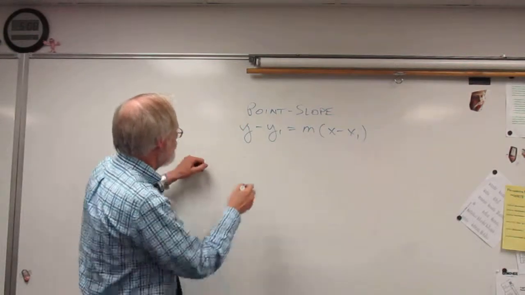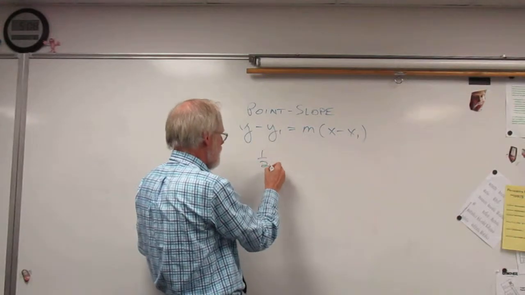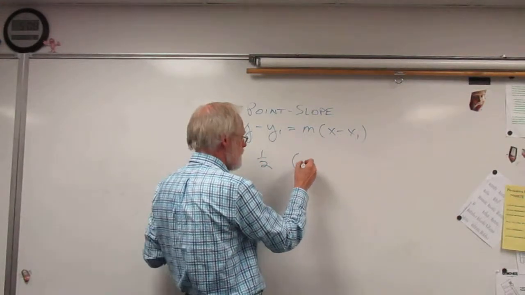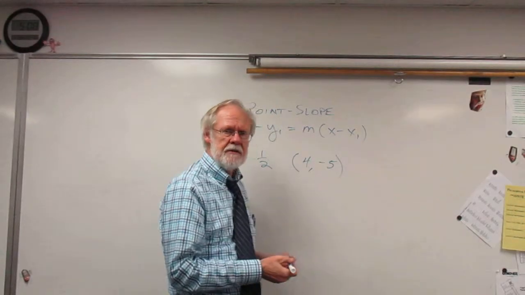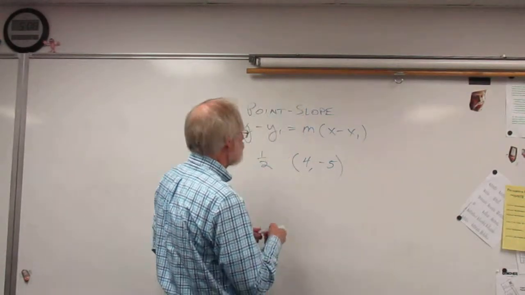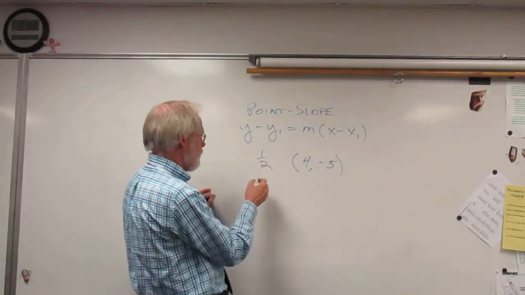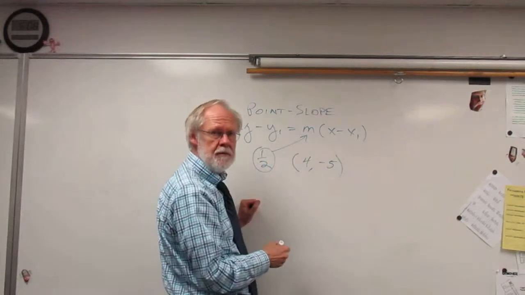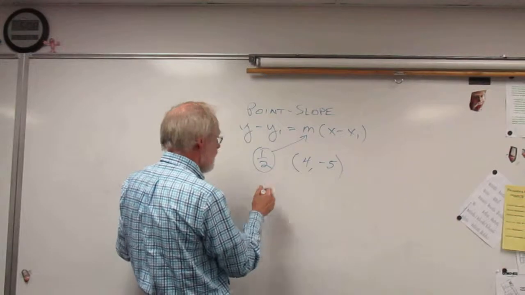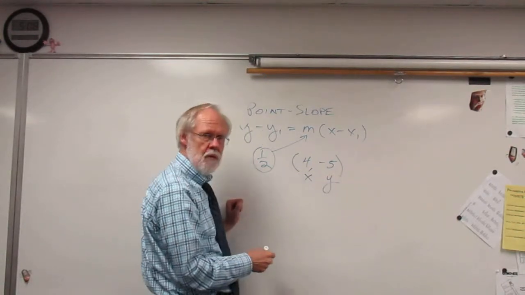Let's say, for starters, that we are given a slope of 1/2, and we're given a point of 4, -5 that is on the line. To write the equation in point-slope form, we're going to do this. We put 1/2, which is the slope, in here in place of m. And we put this point 4, -5. Remember, this is x and this is y.